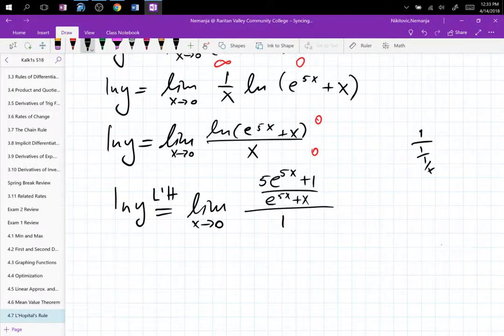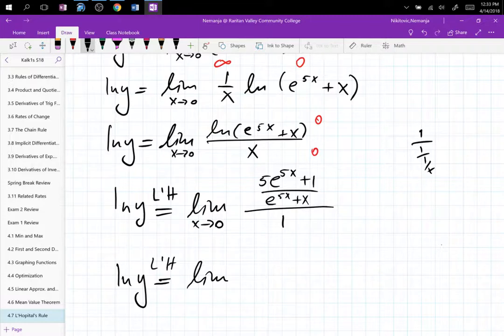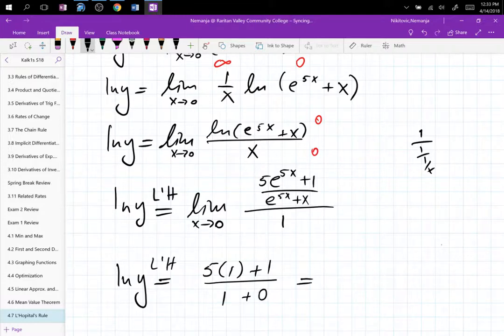So all I need to do is to compute 0 in this, and 0 computed in this is a joke. So ln of y is L'Hopital. Oh, no, I don't need a limit anymore. So now look, L'Hopital is, we have 5 times 1 plus 1 divided by 1, because e to the 0 is 1, plus 0.